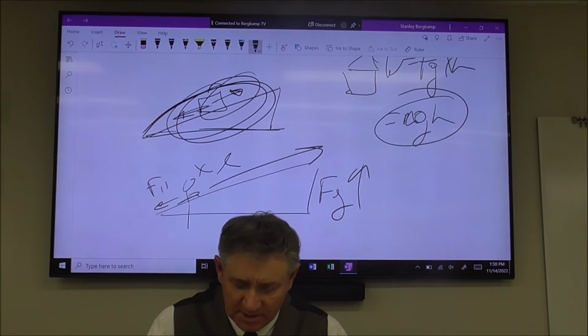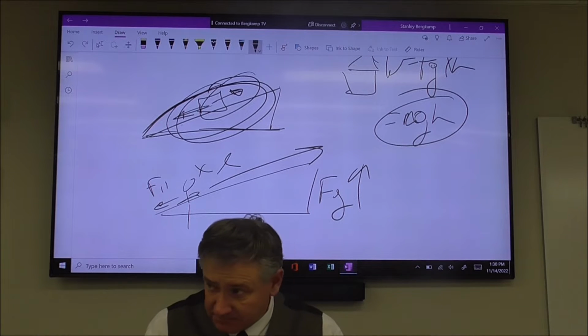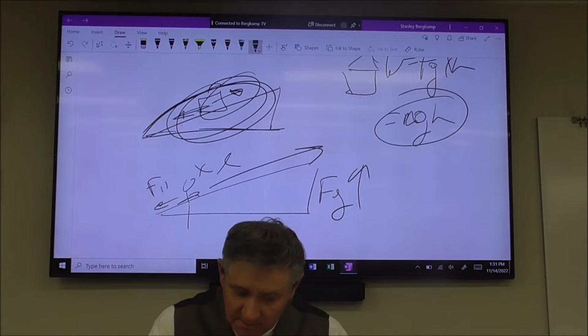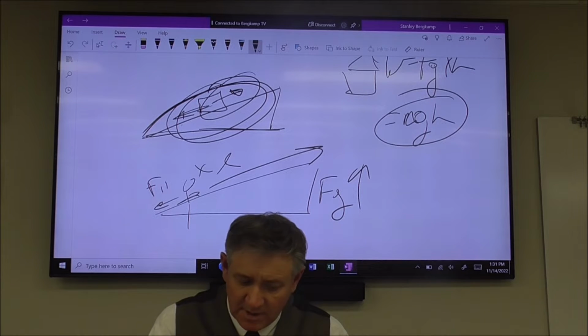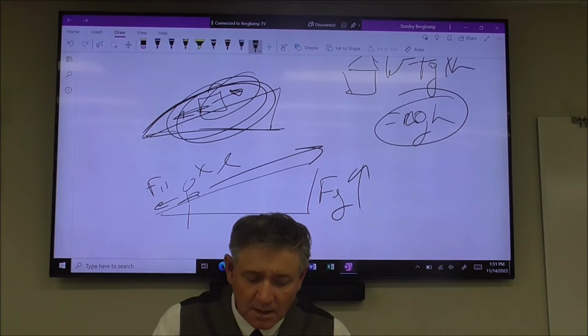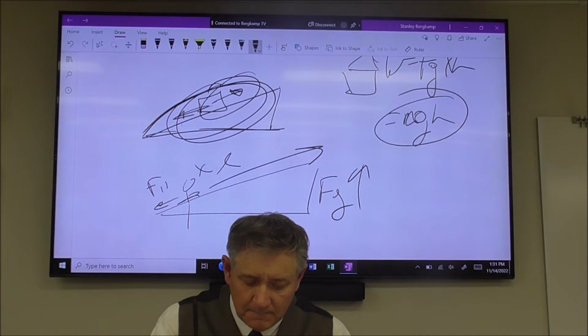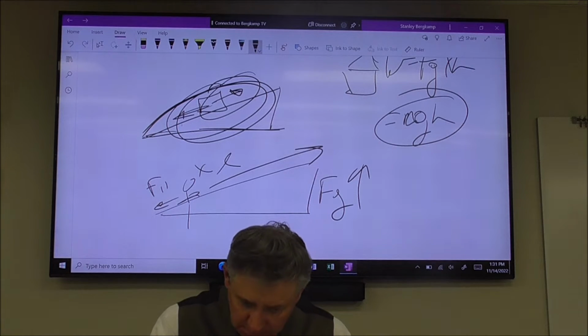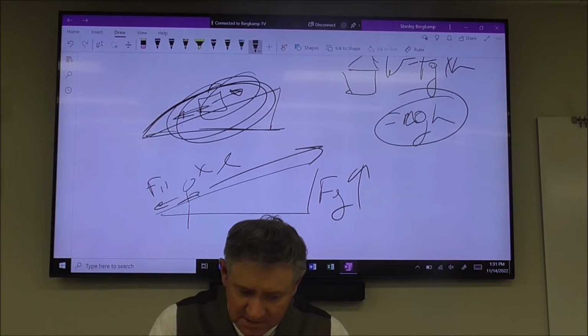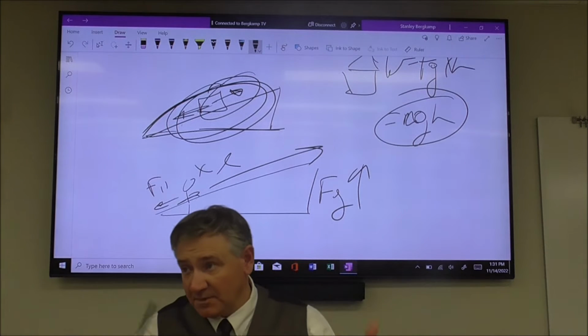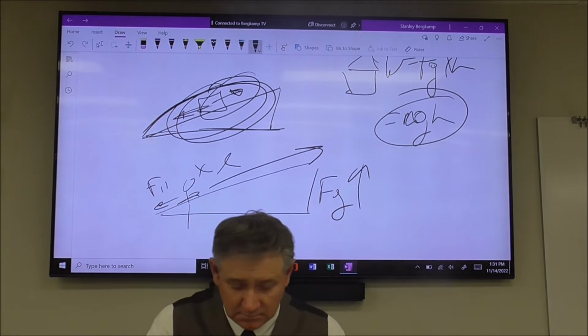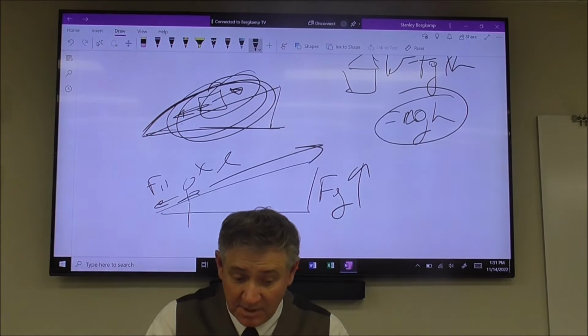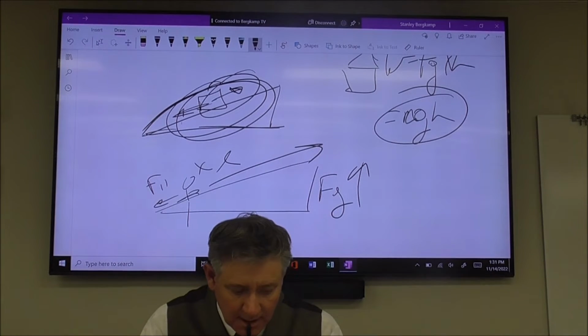So tension 1, tension 2, they are not the same. Tension 1 is going to be bigger than tension 2, because it's a bigger force multiplied by the same distance. And I'm talking about the work done by them, not the actual tensions themselves.